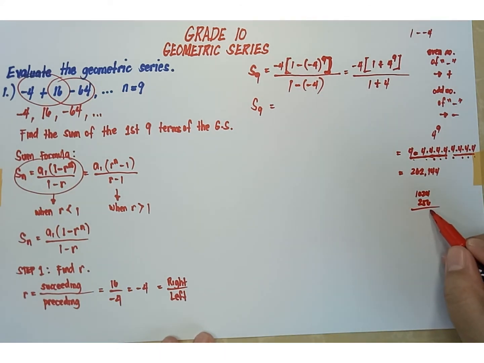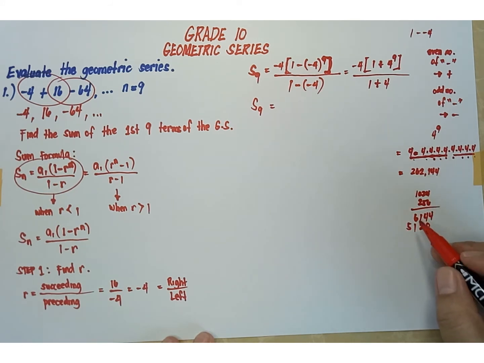Vertical multiplication, 1,024 times 256, 6 times 4, 24, carry 2, 6 times 2, 12, plus 2, 14, carry 1, 10 times 6, 60, plus 1, 61. 1,024 naman times 5, 5 times 4, 20, carry 2, 12, carry 1, 51.